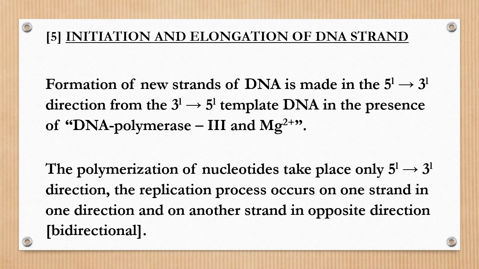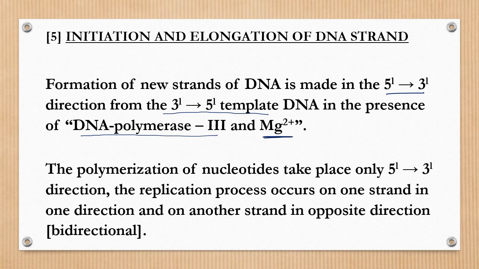Initiation and elongation of DNA strand. It is the last step. Formation of new strands of DNA is made in the 5 to 3 direction from a 3 to 5 template, in the presence of the enzyme DNA polymerase 3, and magnesium ions are required.